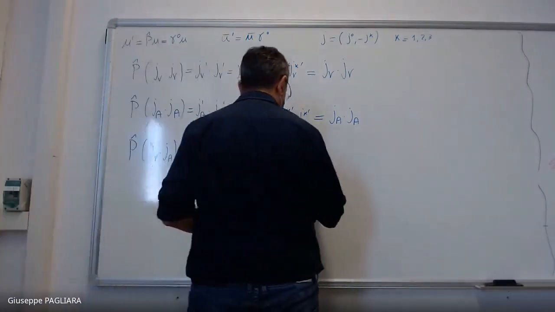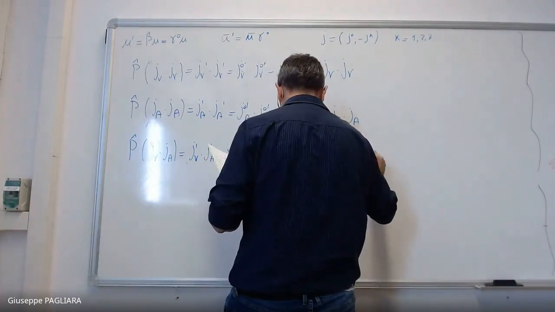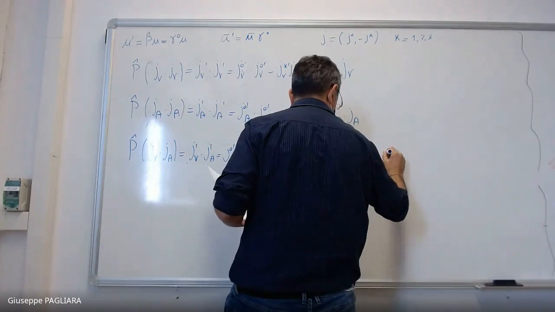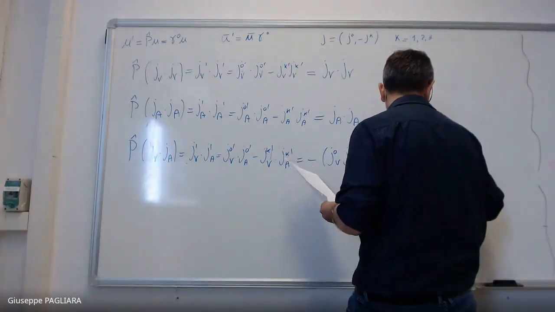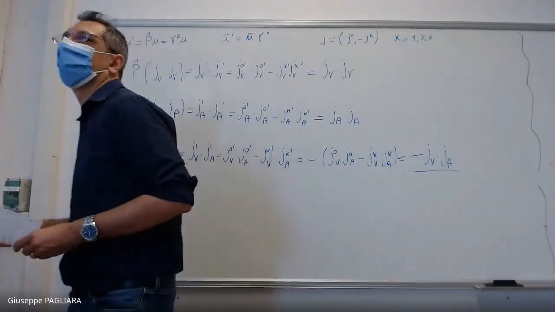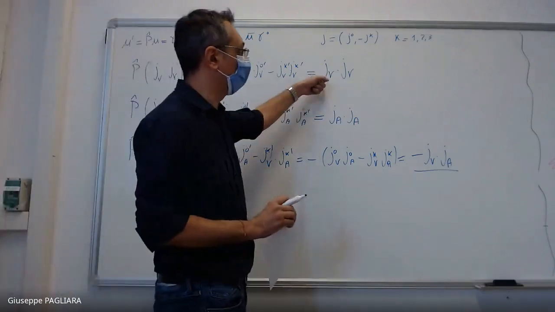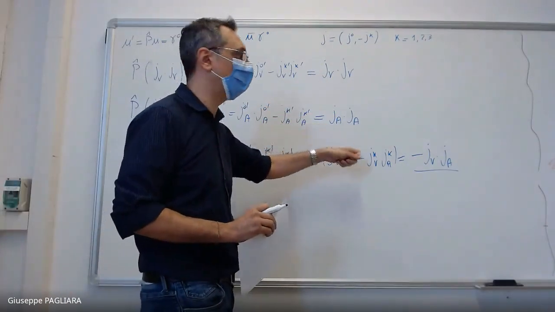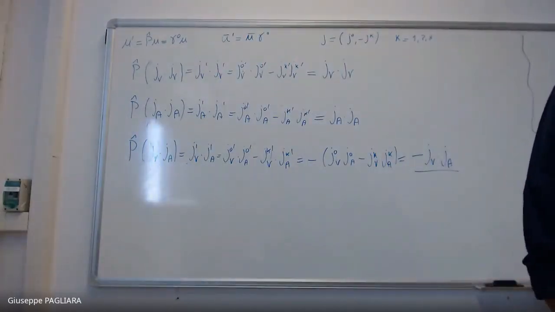Again, you substitute, and now you get something like this: J⁰_V J⁰_A minus J^k_V J^k_A. So this is indeed minus J_V scalar J_A. And this is our crucial point. The parity operator does not change the scalar product of vector currents nor of axial vector currents, but it does when you mix the two. Let's see what is now the consequence of this.